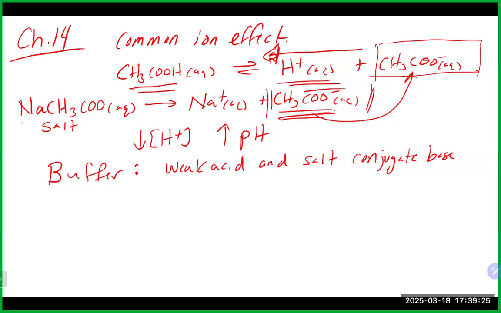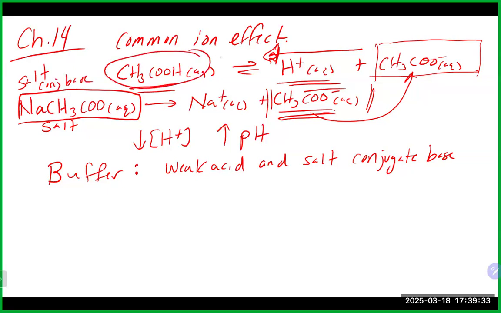For example, this would be the salt of the conjugate base for acetic acid. So those guys are Bronsted-Lowry partners. It makes it a salt because it has a sodium on there. It's an ionic compound, and the sodium is really not doing anything but having a swim and not participating much. You could also have a buffer made up of a weak base and the salt of its conjugate acid.